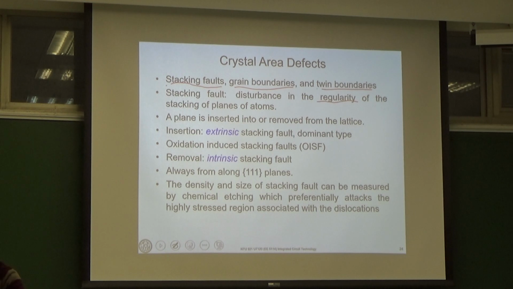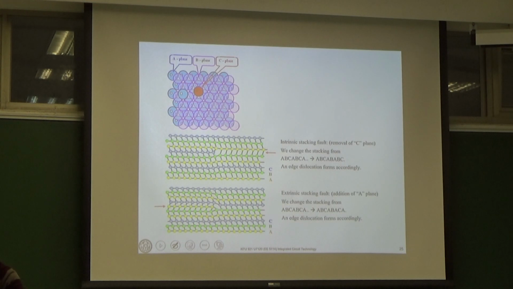For example, you have a plane arrangement like this, ABC planes, right? So the original arrangement is ABC and ABC, ABC, ABC.